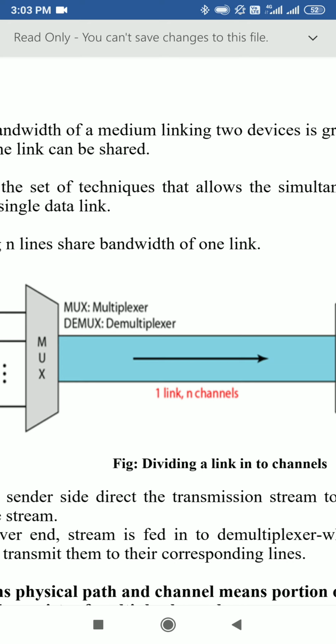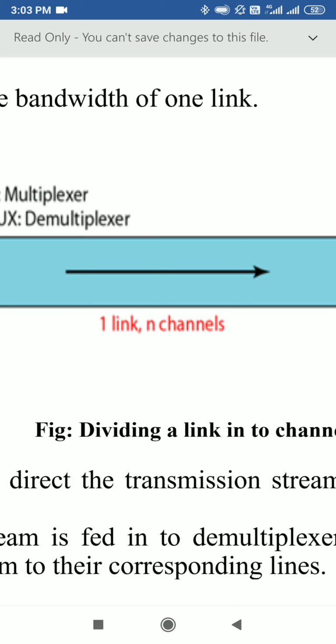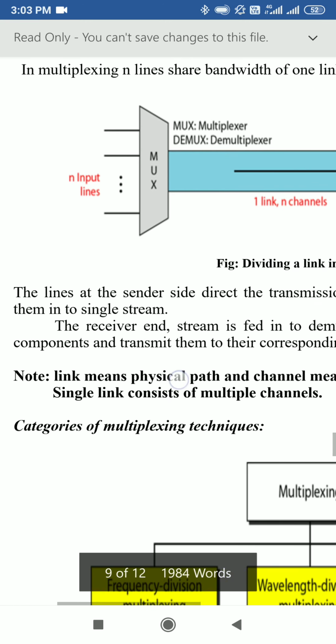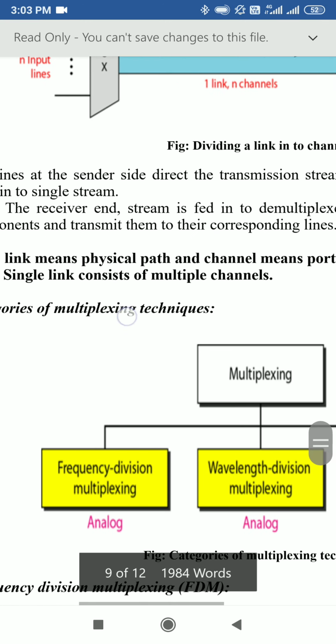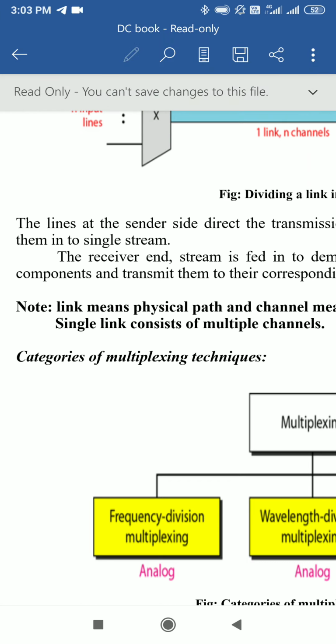And in the same diagram, here you can see they have written it as one link, n channels. The meaning of this is there will be a single link. That single link has been divided into n number of channels. The actual meaning of link, I have written in the note. The link is nothing but the actual physical path through which the transmission takes place.